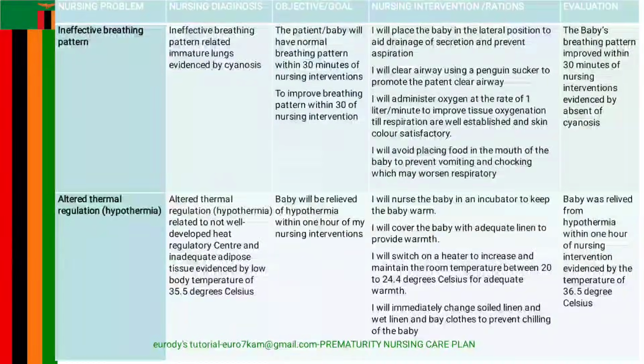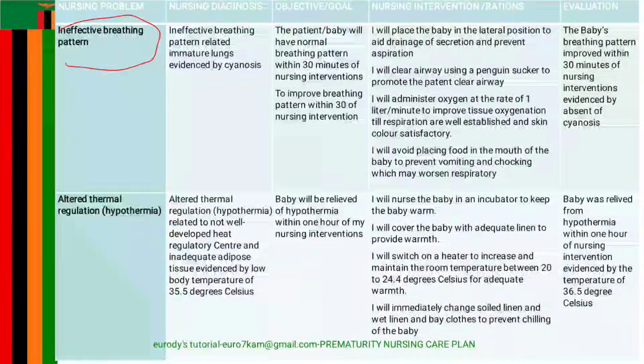Now, when it comes to the first problem, we are saying ineffective breathing pattern. The nursing diagnosis should always be related to something and always have evidence. So in this case, we are saying ineffective breathing pattern related to immature lungs, evidenced by cyanosis.